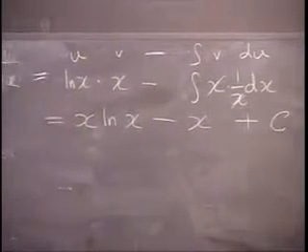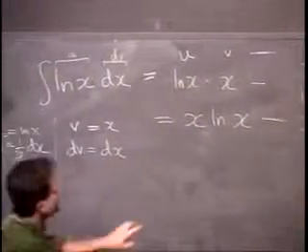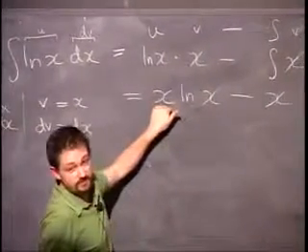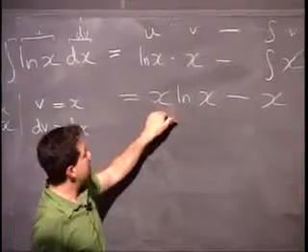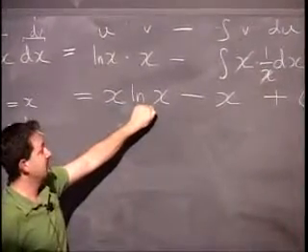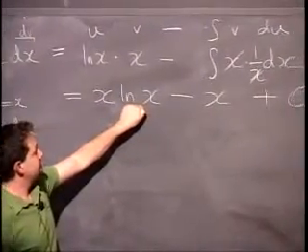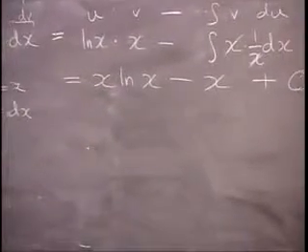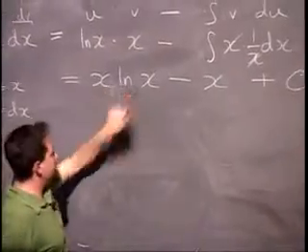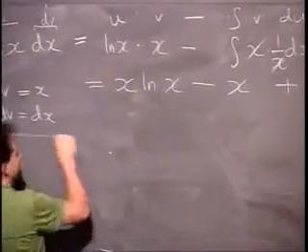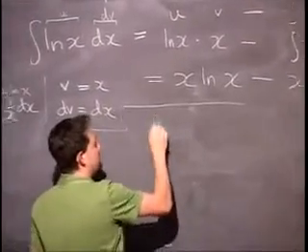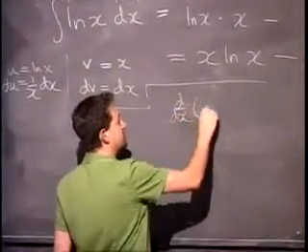Not commonly remembered. Let's just verify it. If I do the product rule on this, I'll get log x times the derivative of x. So there's my log x. Whereas here I get x times 1 over x. Right. It is x times 1 over x. Look, let's just do it. I've stopped being able to think, so I will just write down random things and hope that they're correct.